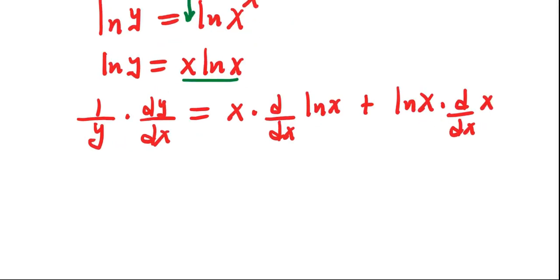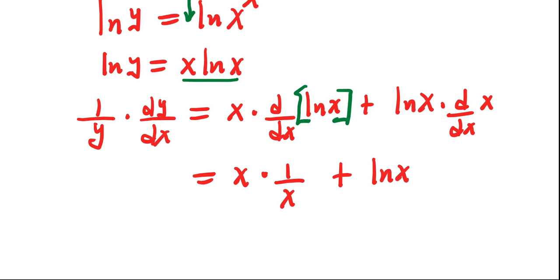So this will be equal to x times, if we differentiate ln x, that is going to give us 1 over x, plus ln x times, if we differentiate x, that is going to give us 1.